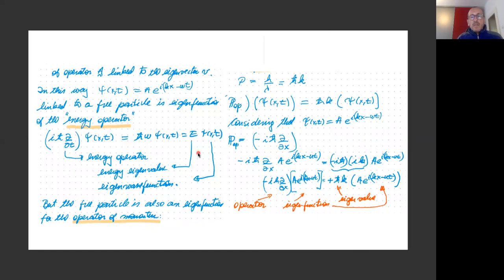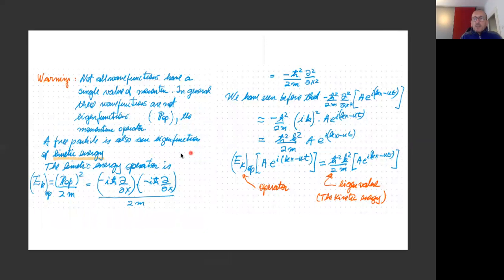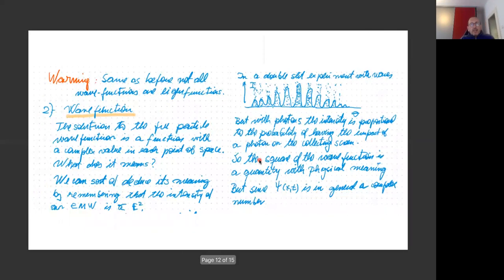So how do I get to the real numbers? The real numbers should be real at the end. So we have to interpret this wave function as something real. So we get to the problem of the wave function.